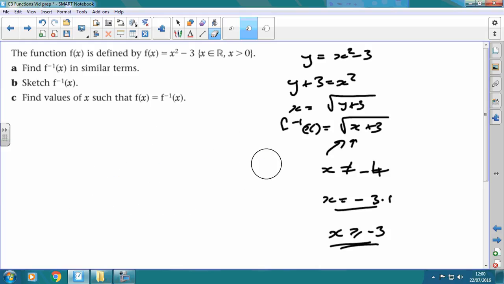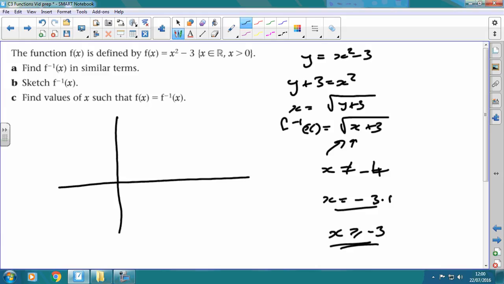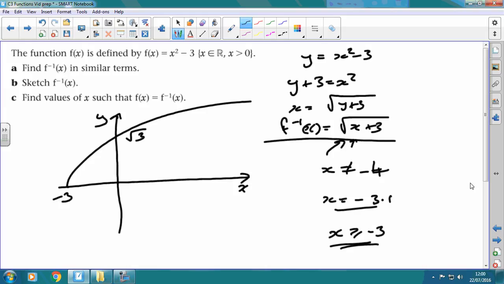Let's do the whole thing again. So -3, square root of 3, going up like that. That's much better. Look at that. Y and x. Okay, sketch the f to the -1 of x. So that's what we've just done. So this is f to the -1 of x.